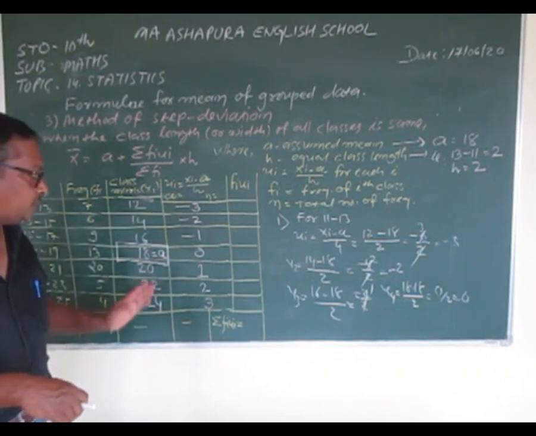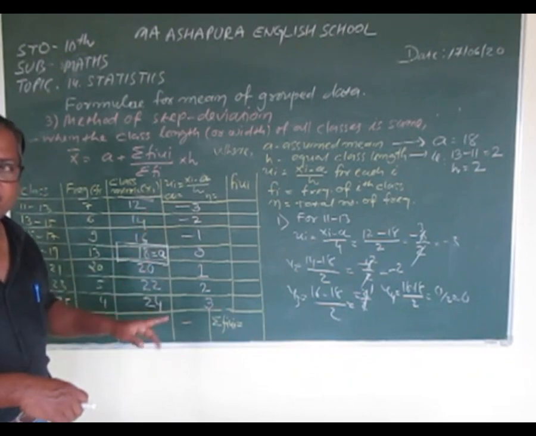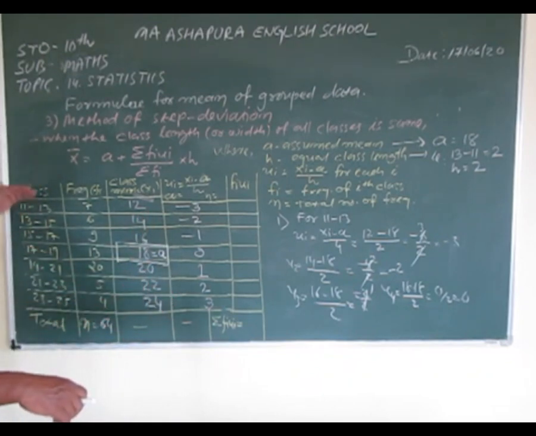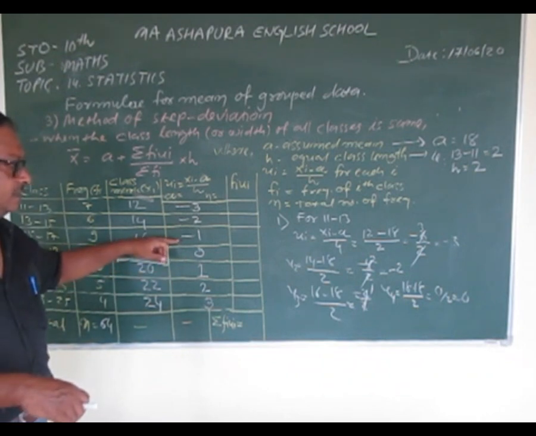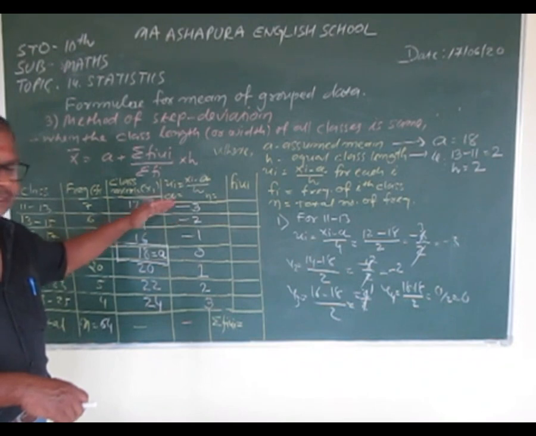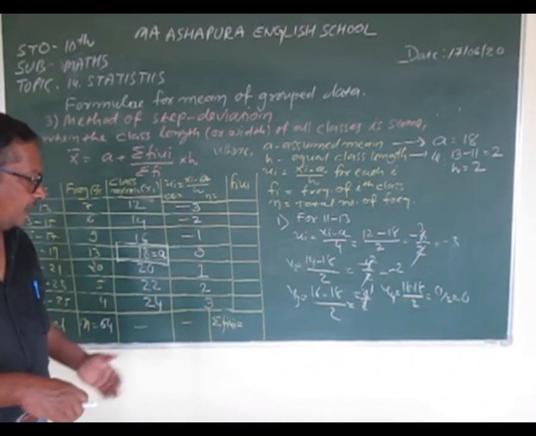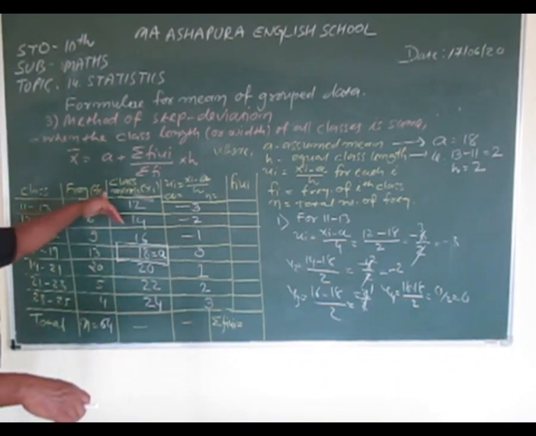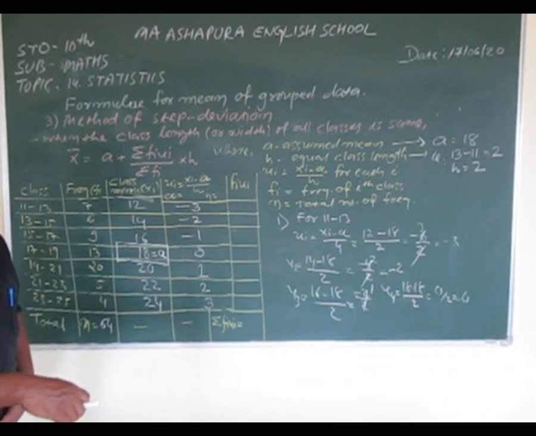Then as we go towards the decreasing classes, we get ui with a negative sign, in decreasing order -1, -2, -3. And then as we go towards the increasing classes, we get in increasing order 1, 2, 3.